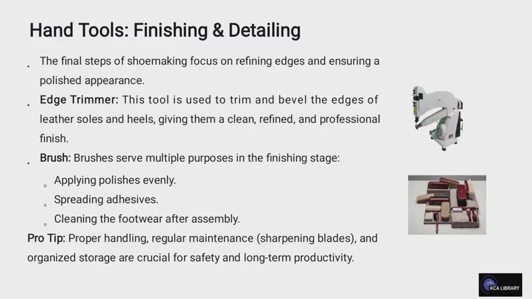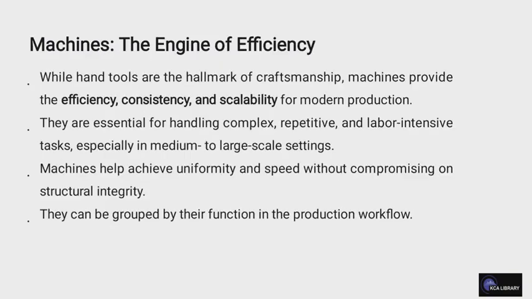Proper handling, regular maintenance, and organized storage are crucial for safety and long-term productivity. Let's look at the machines, and these are actually the engine of efficiency. While hand tools are the hallmark of craftsmanship, machines provide the efficiency, consistency, and scalability for modern production.